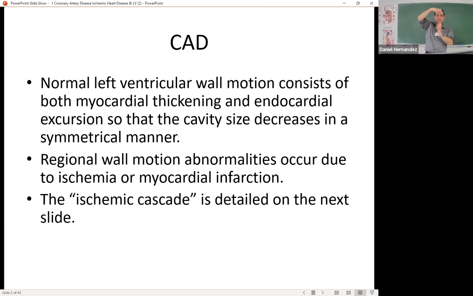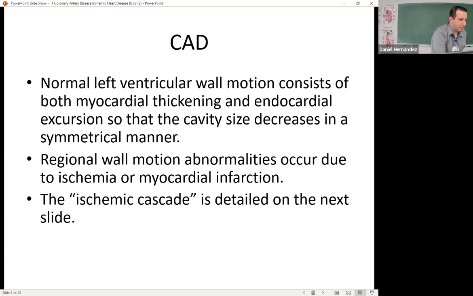Say the apex is contracting; it's going to pull a segment upwards that could potentially be infarcted and not receiving blood supply. It looks like it's moving, but that myocardium isn't thickening. So look more for myocardial thickening to determine wall segment abnormalities.